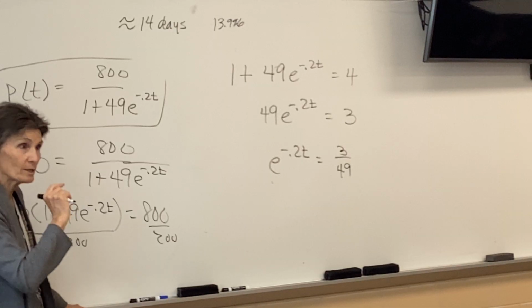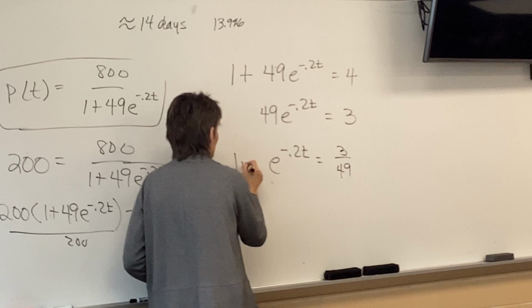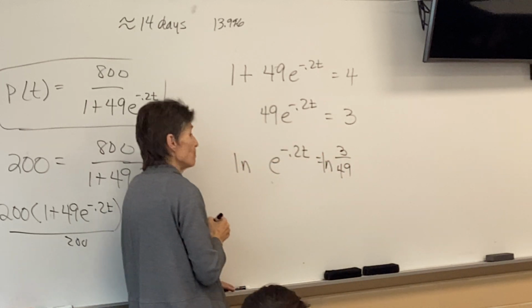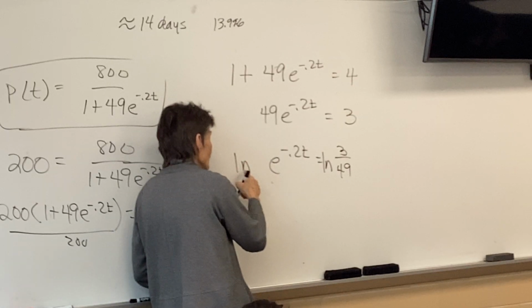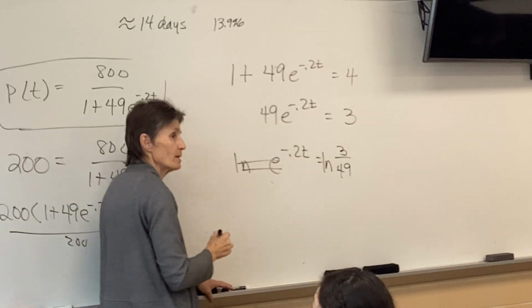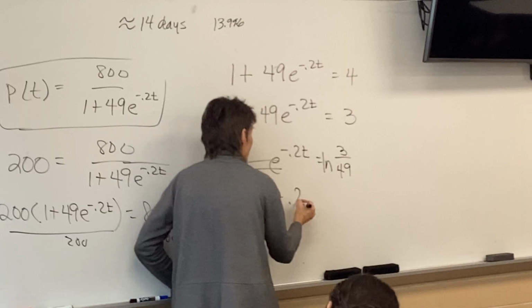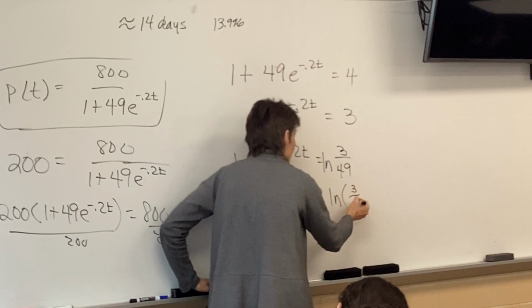And now I'm going to ln both sides. And the beauty is that when you ln and e, they cancel because they're inverses of each other. So negative 0.2t equals ln 3/49.